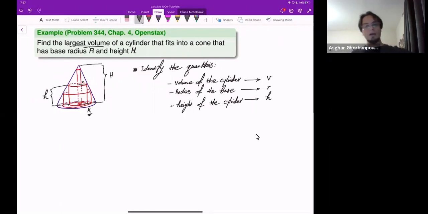So for the cone, I have capital R and H. For the cylinder, I'm using lowercase r and h.